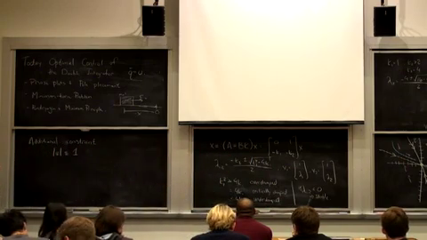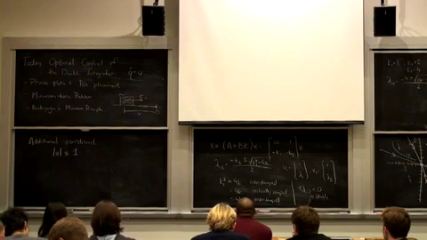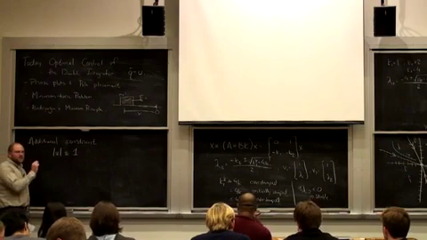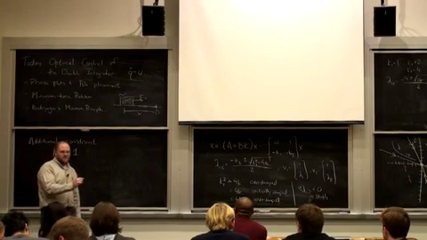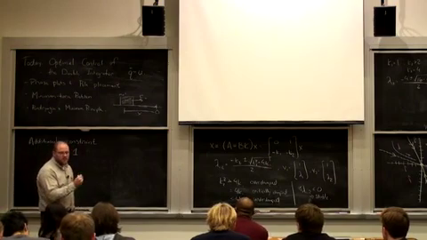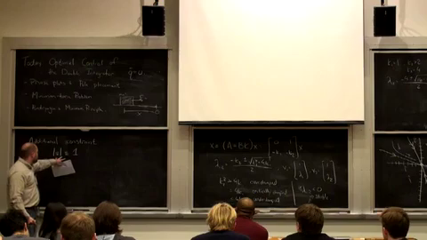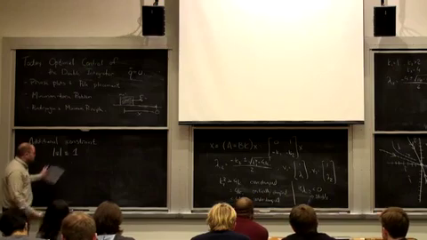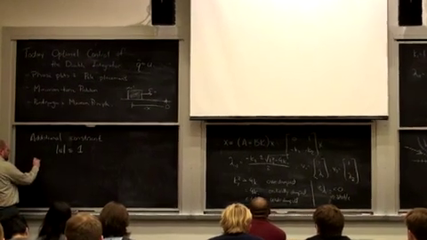Let's say my goal in life is to get to the origin as fast as possible, in minimum time, okay? But I'm subject to this constraint, okay? So that's the famous minimum time problem.